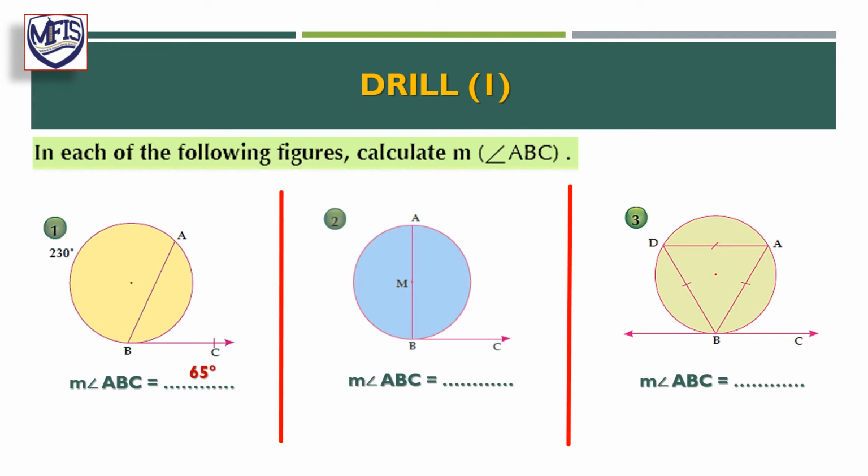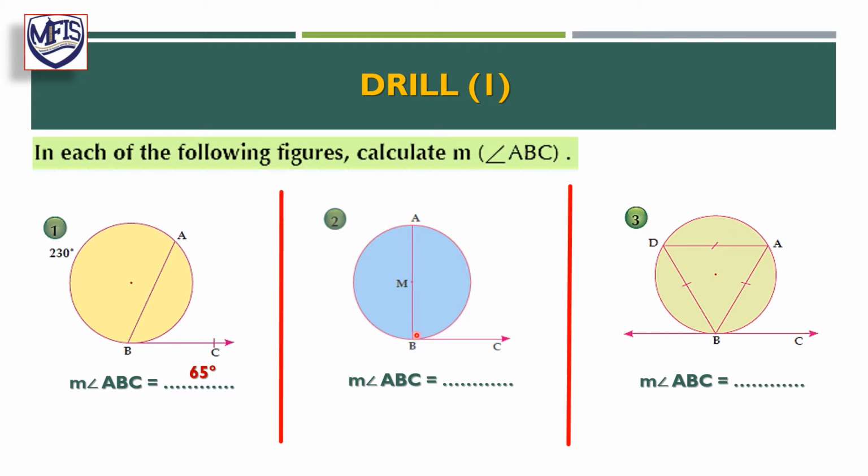Now look at number 2. Angle ABC here is an angle of tangency also. Why? Because this angle is included between tangent BC and the chord AB. But AB here is a diameter. Of course, the diameter is the longest chord.